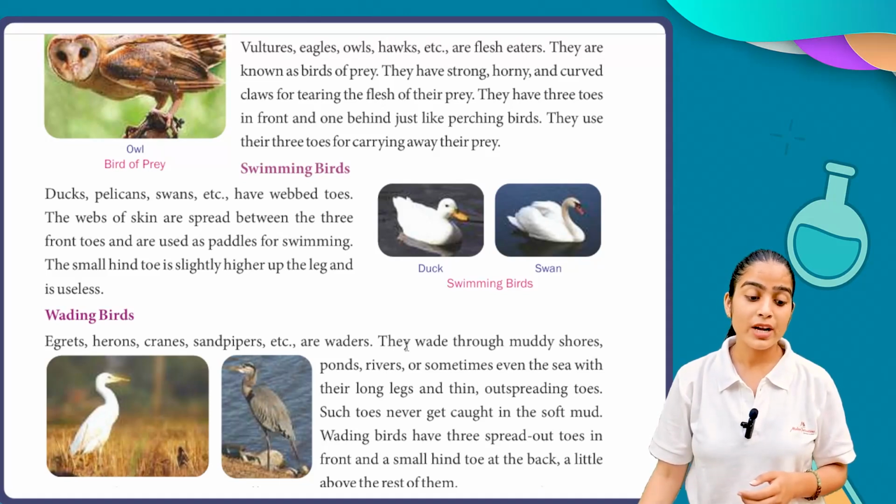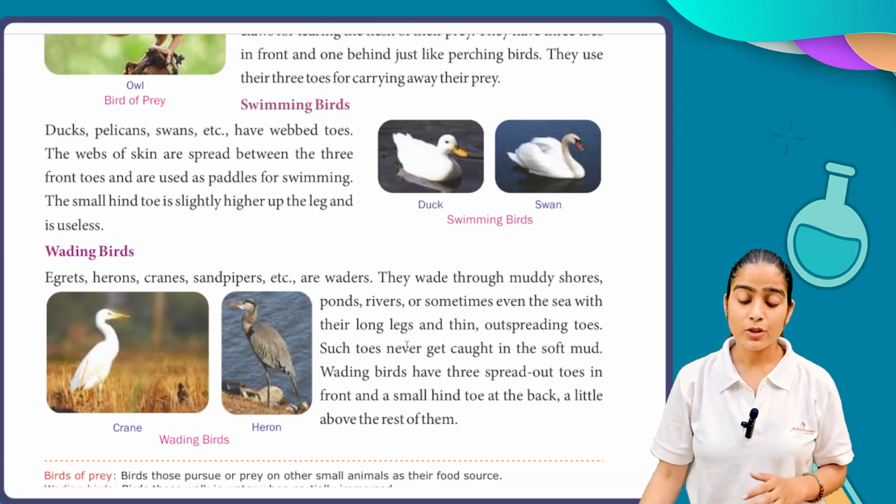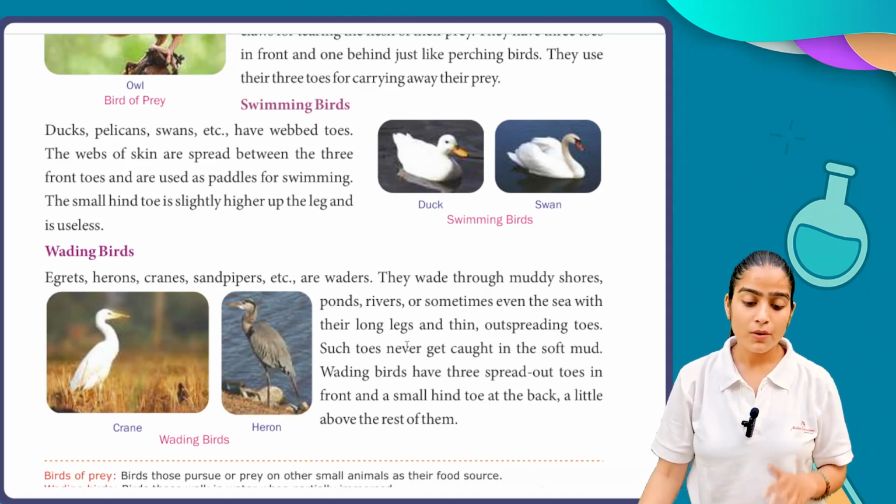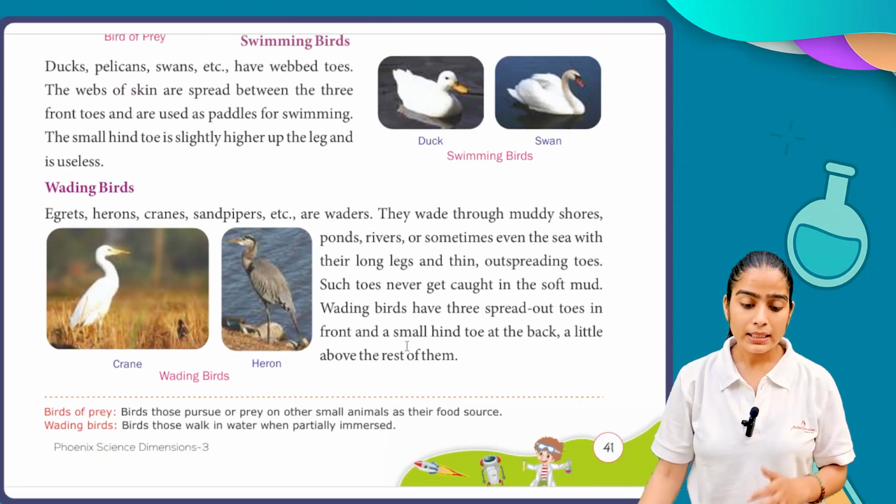Next we have wading birds. Egrets, herons, cranes, sandpipers, etc. are waders. They wade through muddy shores, ponds, rivers, or sometimes even the sea with their long legs and thin, outspreading toes. Such toes never get caught in the soft mud. Wading birds have spread-out toes in front and a small hind toe at the back, a little above the rest.